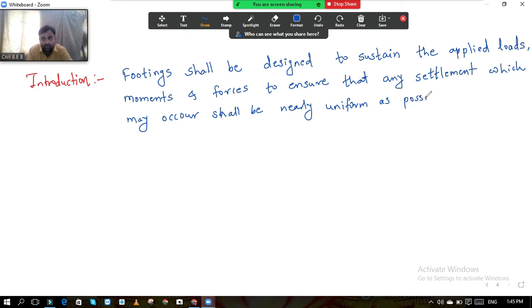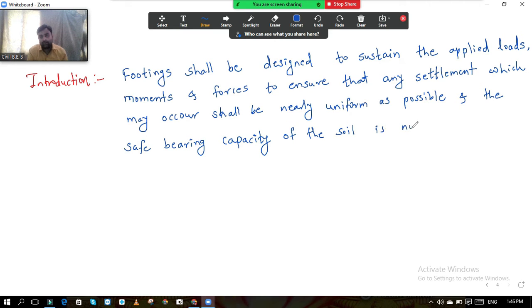You write this down, this is very important. I will explain it, but write it down. And the safe bearing capacity of the soil is not exceeded.